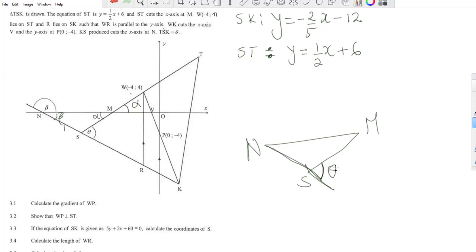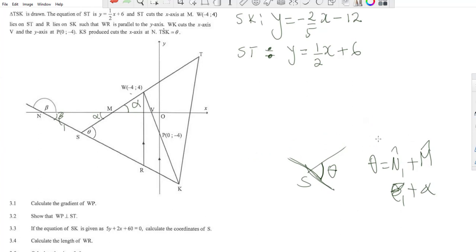The exterior angle of a triangle is equal to the sum of the opposite angles, which means theta will be equal to the angle at M, which is beta 1, plus alpha. Okay, now let's go to practice it.